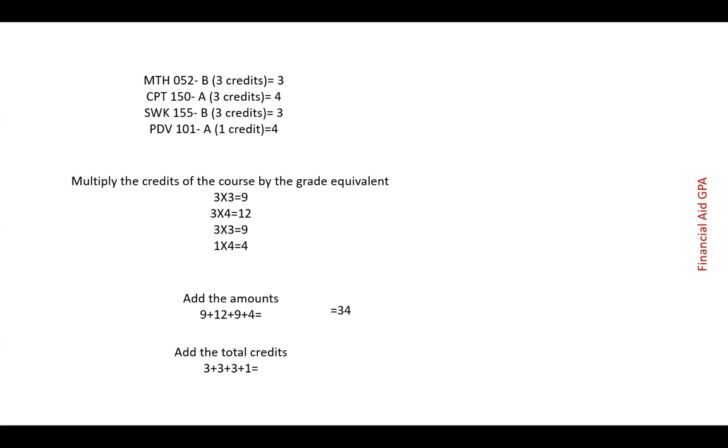So that's 3 plus 3 plus 3 plus the 1 credit PDV class. That's a total of 10 credits. Now we're going to divide those 2 amounts. Once you divide, you're going to get the total of a 3.4. That is your financial aid GPA.